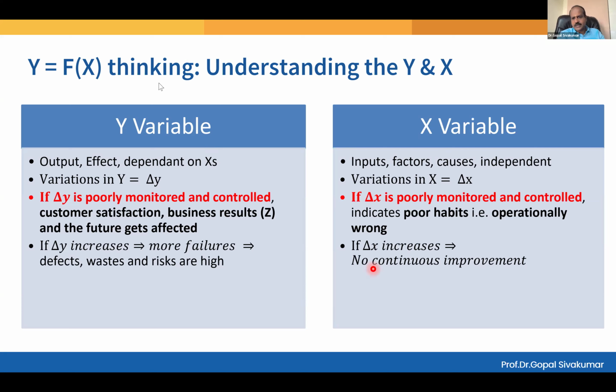And if there is so much variation in X, referred to as del X, and the company doesn't even monitor the variations in the X, it indicates they developed poor habits. Am I right? If they're not checking the input parameters or the input factors, it means over time they have developed poor habits. Yes or no?